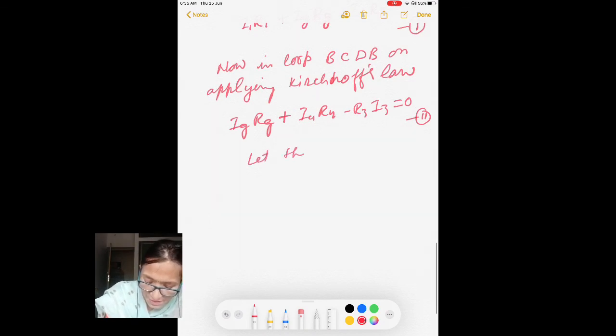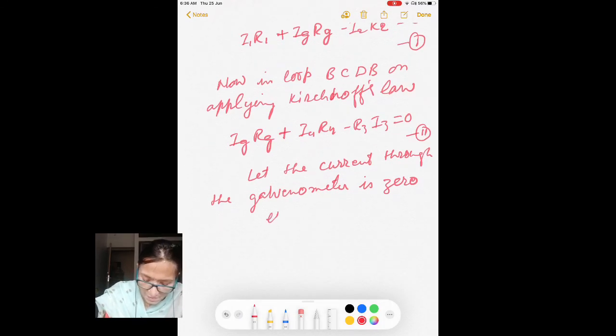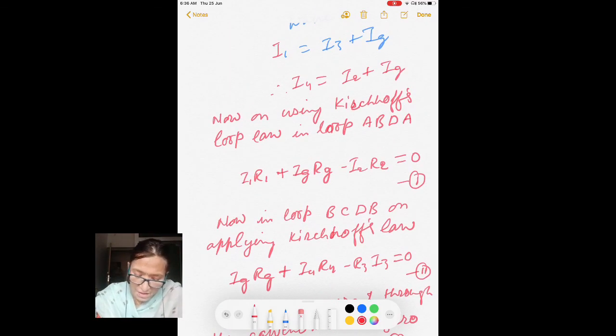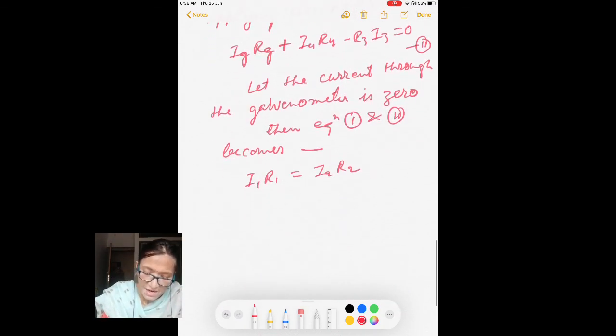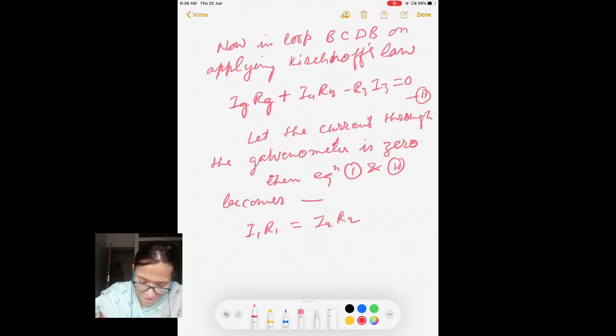Then equations 1 and 2 become I1 R1 is equal to I2 R2, and I3 R3 is equal to I4 R4.